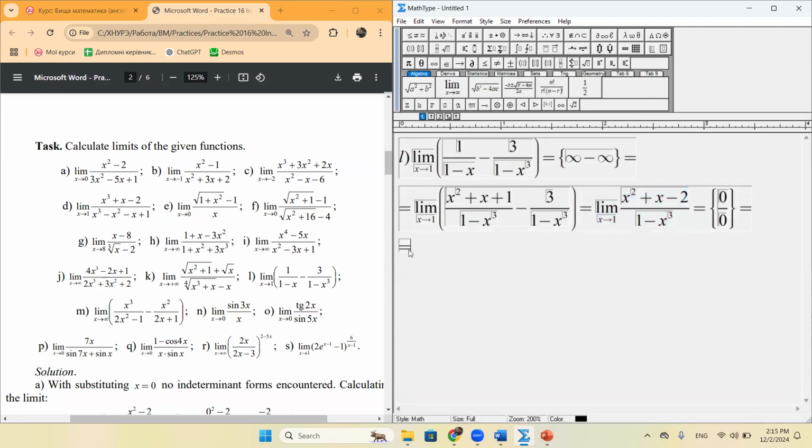So let's factorize these expressions. First of all, let's factorize the denominator because of usage of the cube difference formula. And for the numerator, minus 2, the first root, and 1.